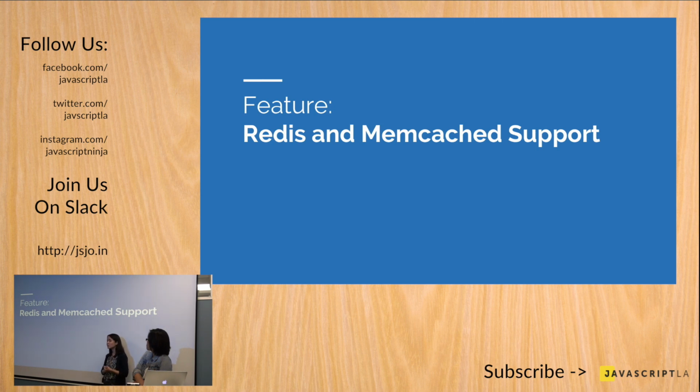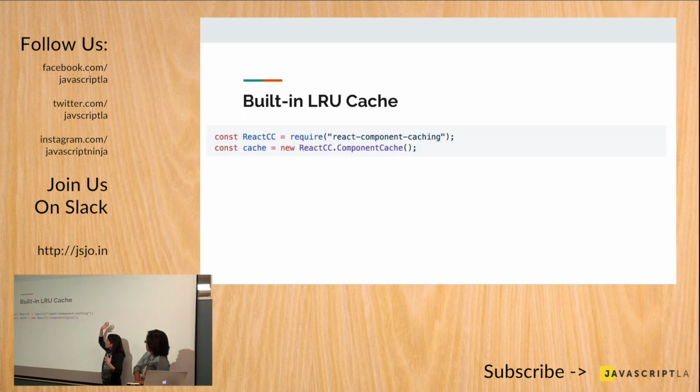So if we go on to the next slide, we can talk about another feature, which is that you actually have 3 options for what you want to do when you create your cache. We have a built-in LRU cache in our library, so you can just create a new instance of it here. Under the hood, it's just the LRU cache that's built on top of JavaScript implementations of linked lists and map objects.